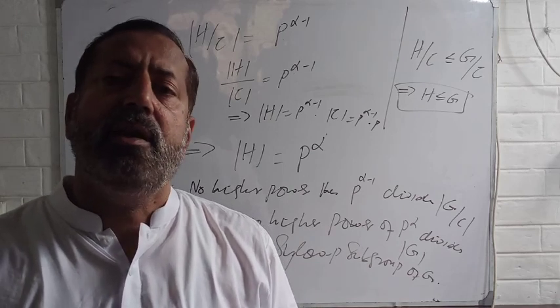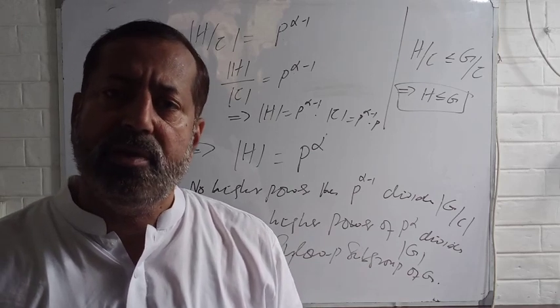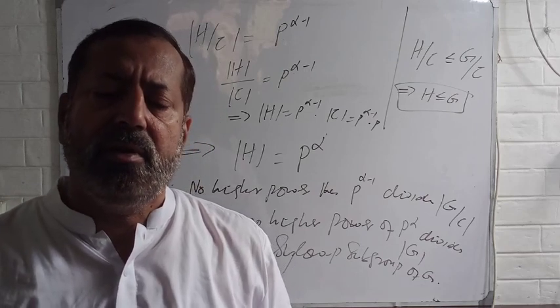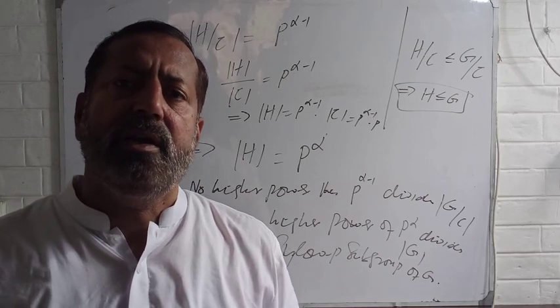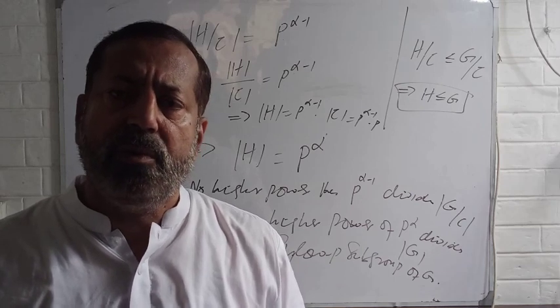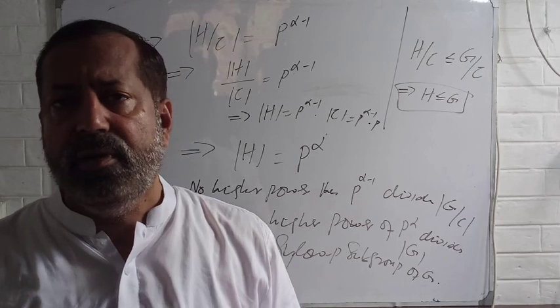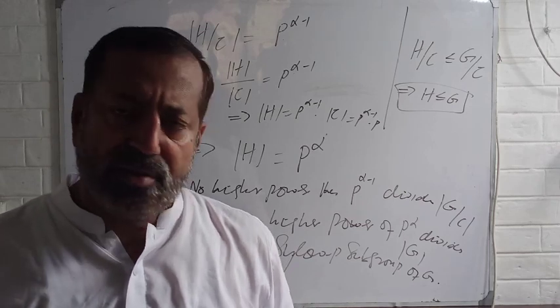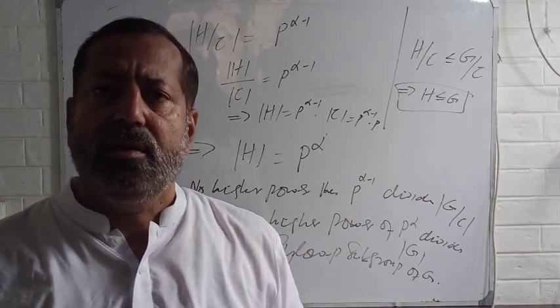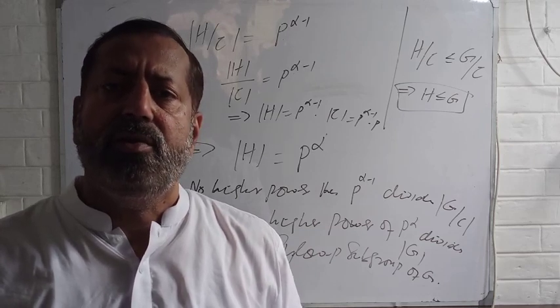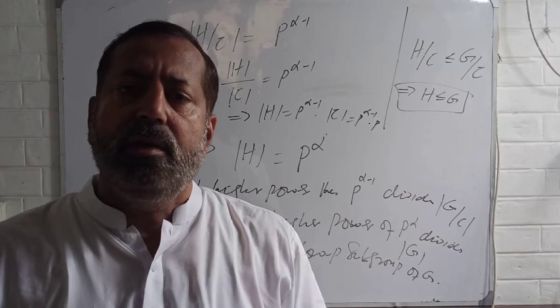Like S3 has a Sylow-p subgroup of order 2, and S3 has a Sylow-p subgroup of order 3. S4 has a Sylow-2 subgroup of order 8 and a Sylow-3 subgroup of order 3. Similarly, you can understand the relation between a Sylow-p subgroup and the order of G, right?